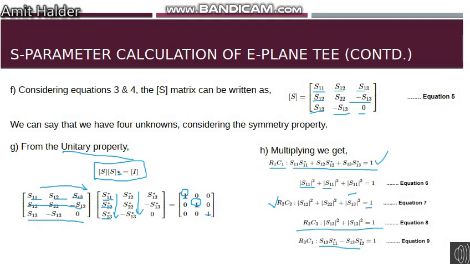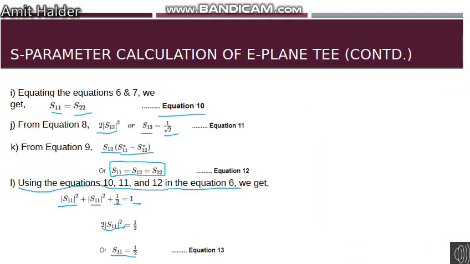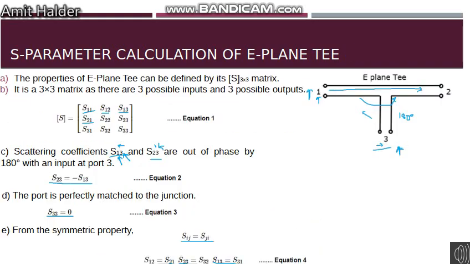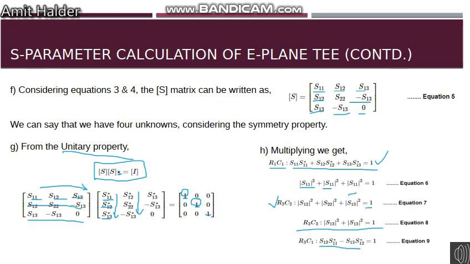Now, after calculating the equations, equating equations 6 and 7, there are 6 and 7 numbered equations.